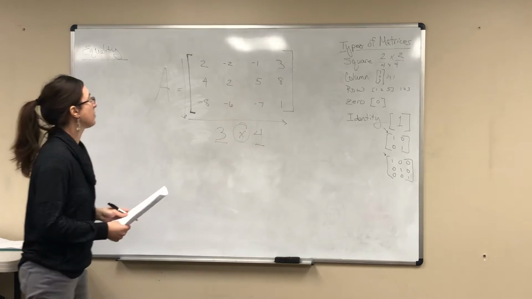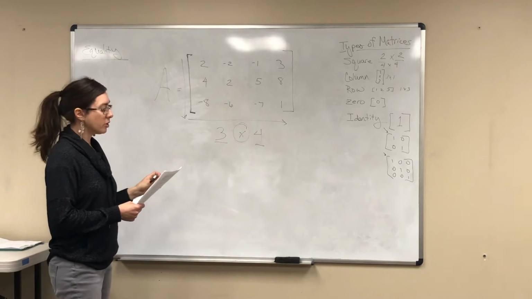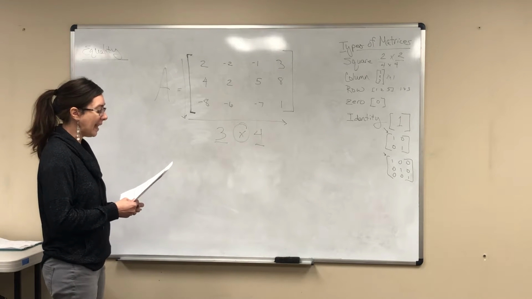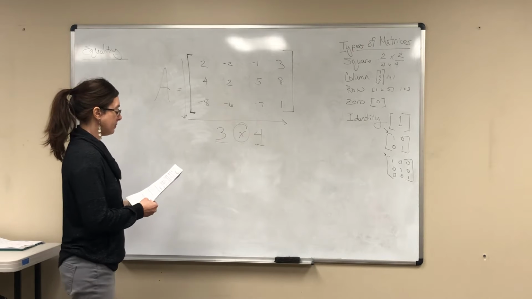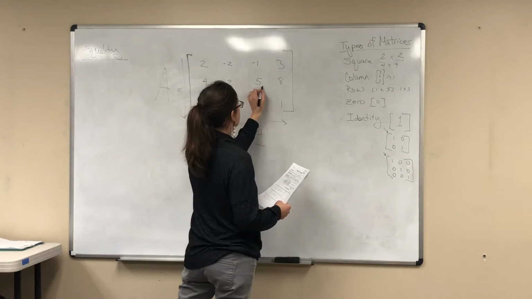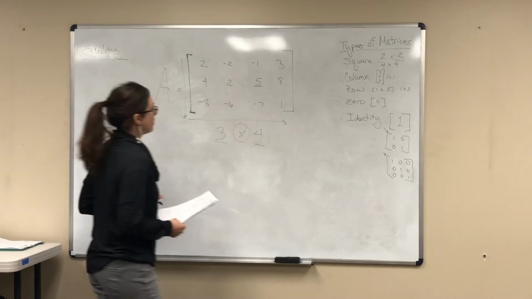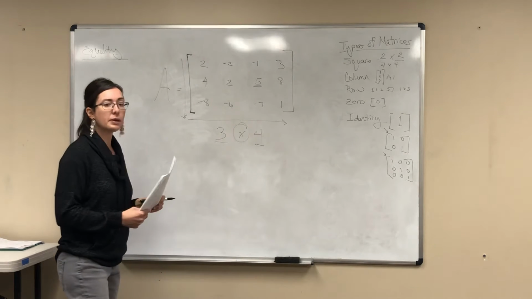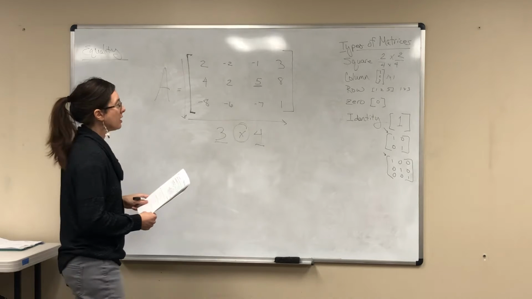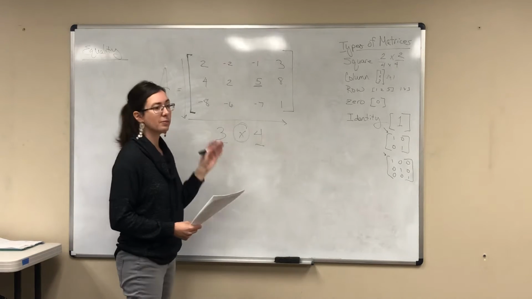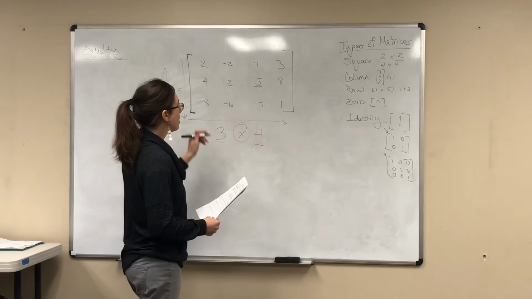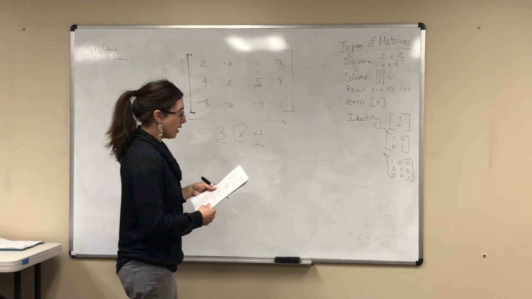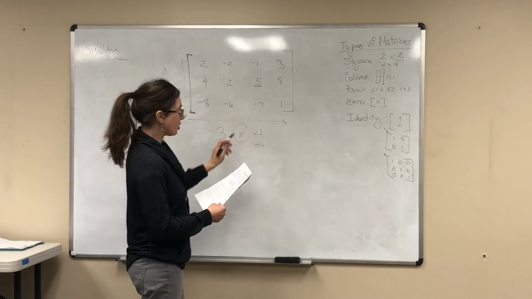The different parts of your matrix are called an element or an entry. Some terms will say elements, some terms will say entries. Again, we always move from left to right. For that first part, we already know it's a 3 by 4 matrix.